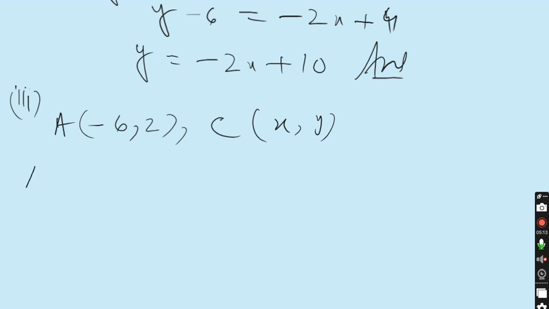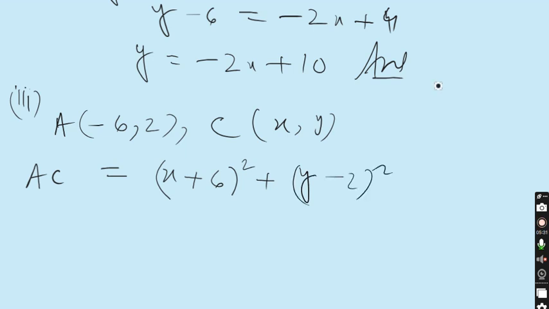According to the question, find the distance of AC first. This is the first step. So the square root of (x2 - x1) whole square plus (y2 - y1) whole square. In the question, the value of AC is given as 10.